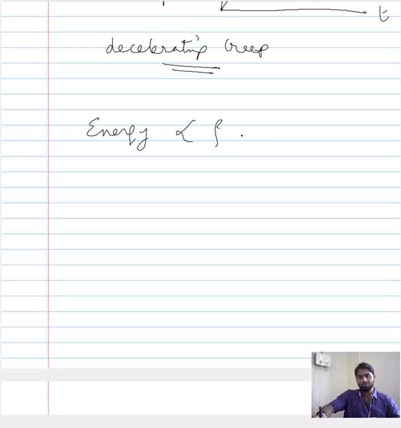So this rho here, let us assume that to be dislocation density. When you continue your plastic deformation, proportionately your dislocation density increases, and in proportion to the dislocation density, the energy of the system increases.